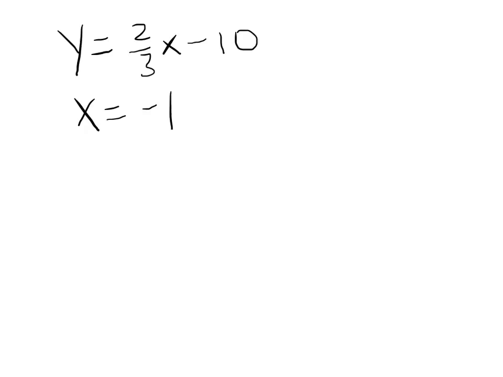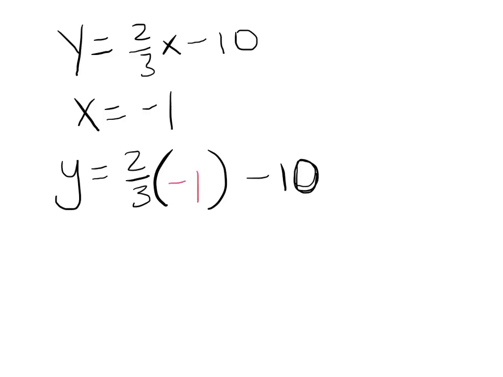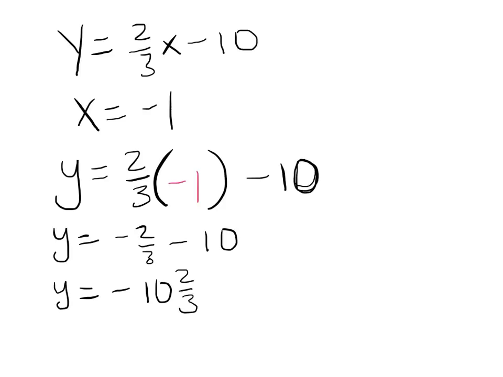So substituting in an input of -1, we have that y is equal to 2/3 times -1 minus 10. And so solving this, y is going to be -2/3 minus 10, and that is -10 and 2/3.